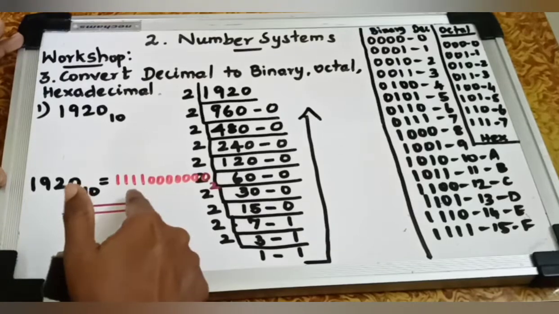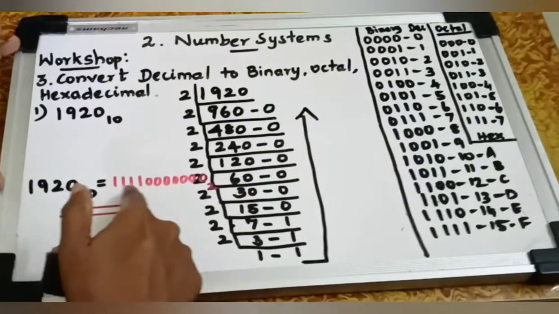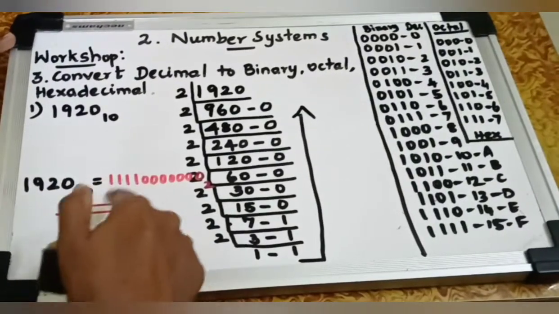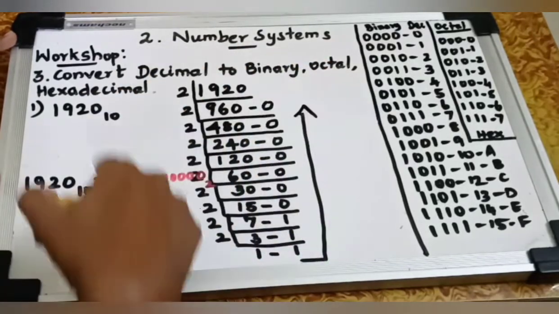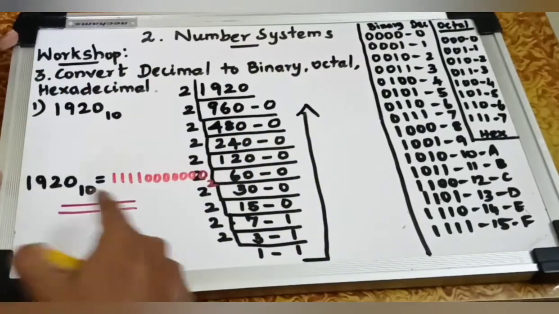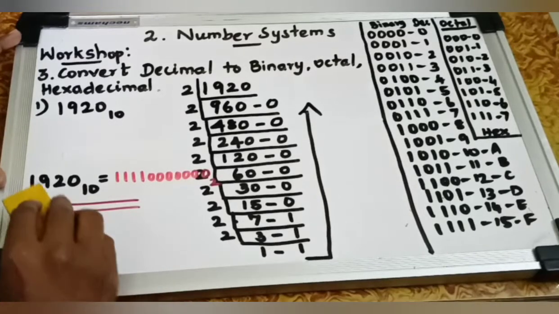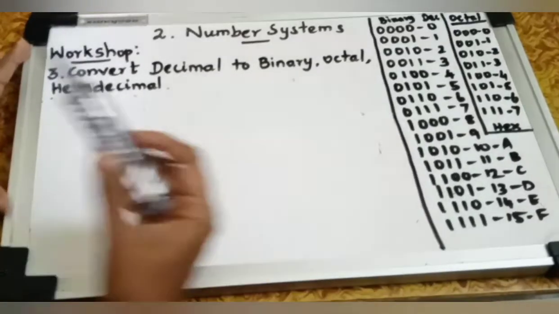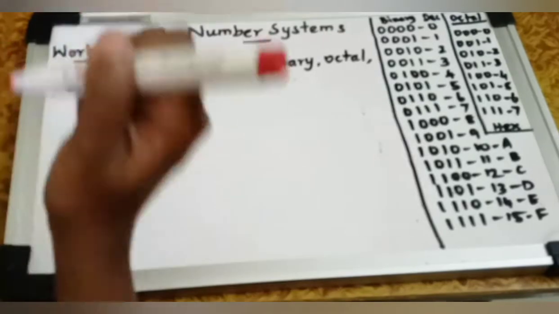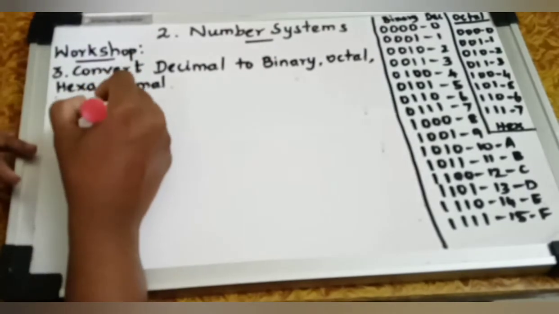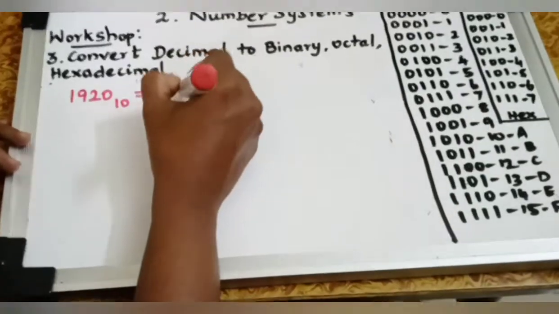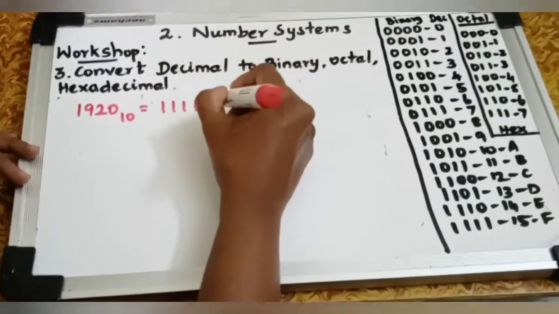We got the binary value, and using this we convert to octal and hexadecimal. Now we will do it. So what is the answer? 1920 base 10 is equal to 4 ones and 7 zeros.